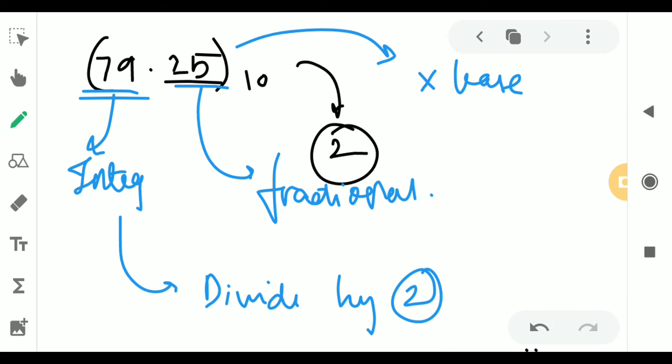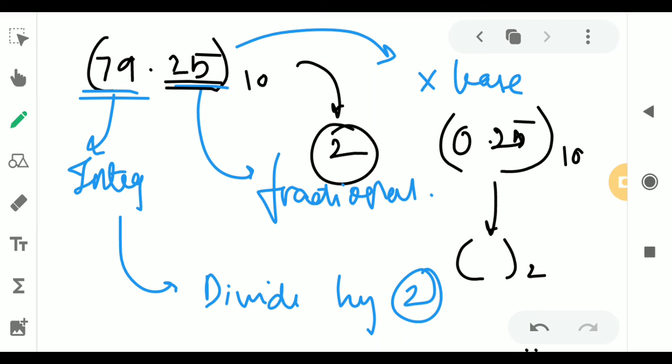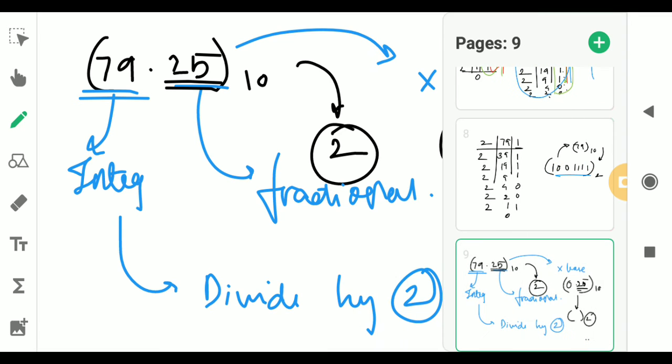Let's say we have to convert 0.25, which is in decimals, to binary. This is a fractional part. What do we have to do? We have to multiply this by the base. What's the base that we want to convert it into? It's 2. So multiply 0.25 with 2.